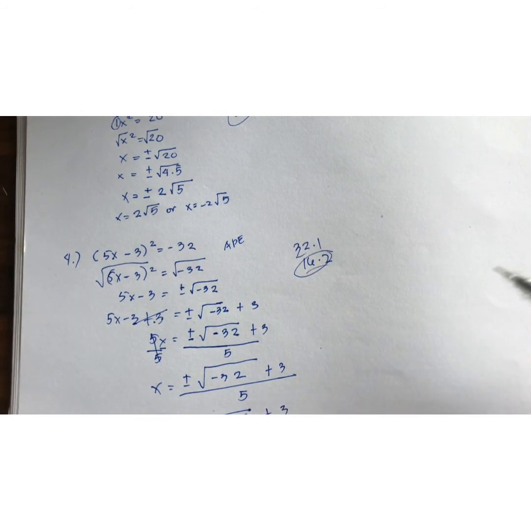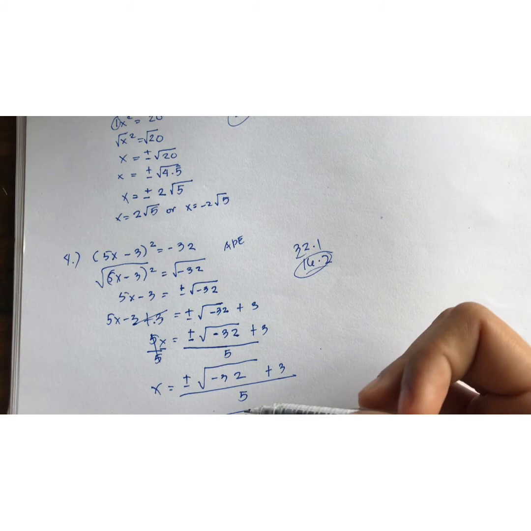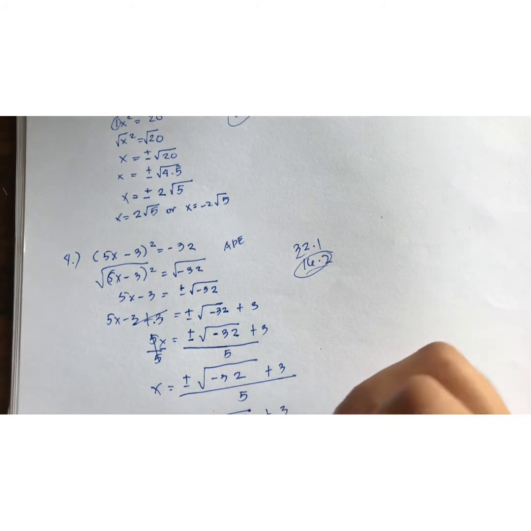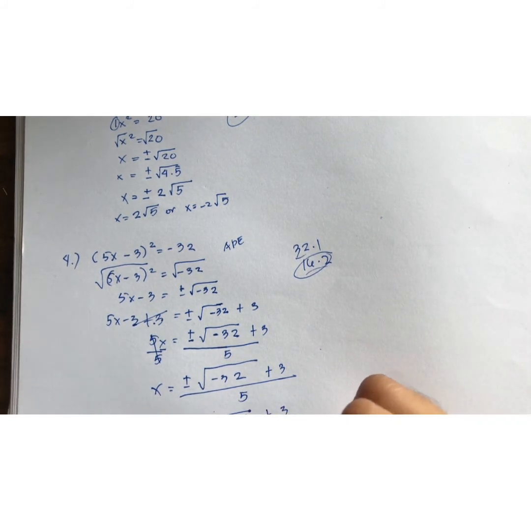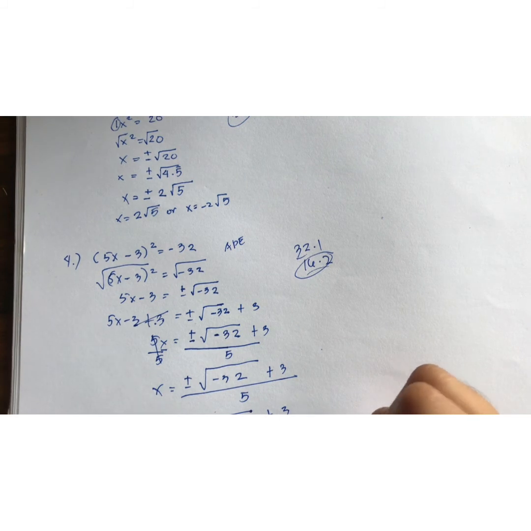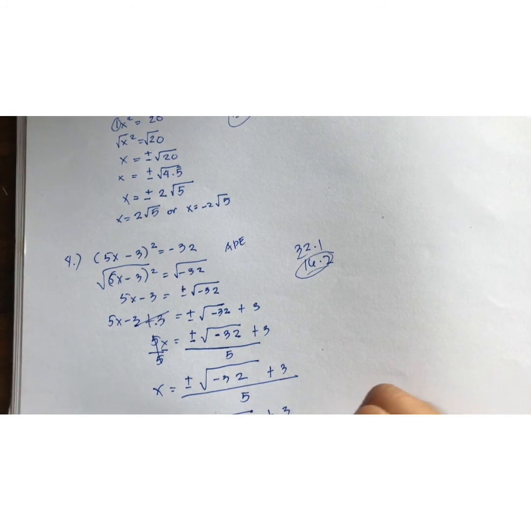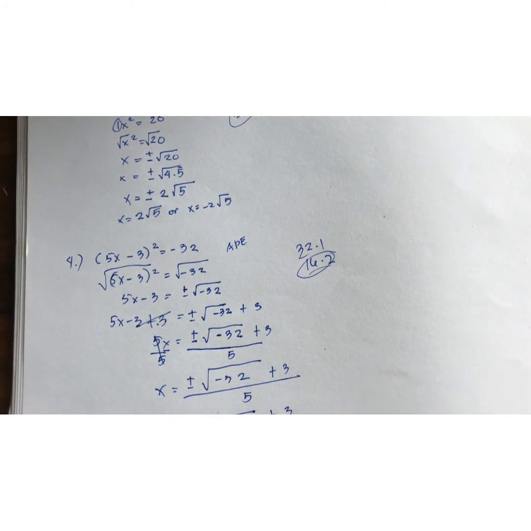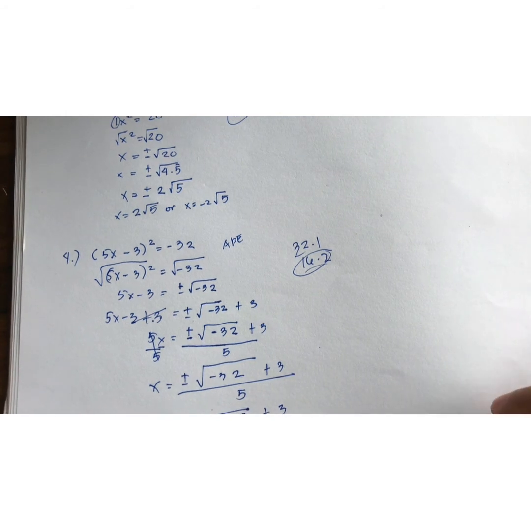We have x. Now, ang 16 kay perfect square man na, ang root ng 16 is 4. So, we have positive and negative 4 square root of negative 2 plus 3 all over 5. So, that is the value of our x.